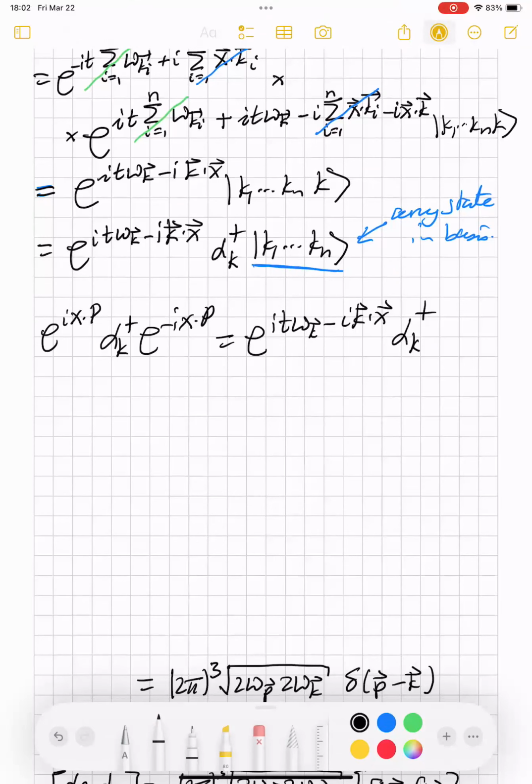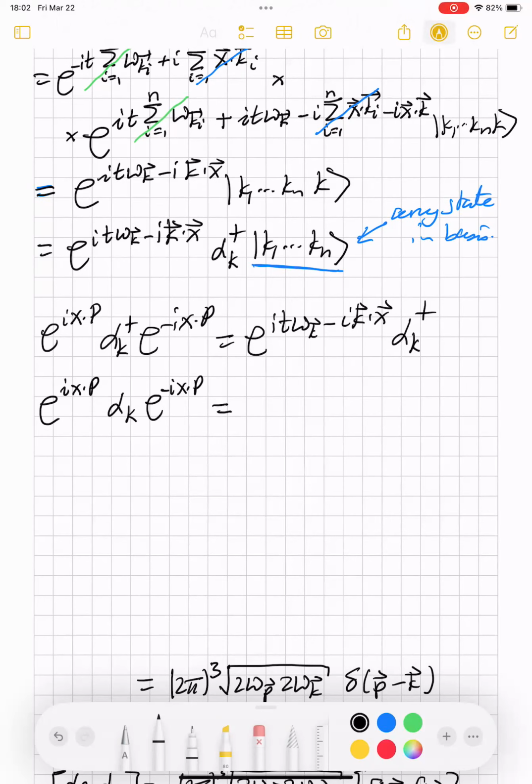If we dagger this equation, the operator that's last must come first, so it'll be an e to the minus i, which complex conjugates to an i, x dot p. Then we'll get alpha k dagger, which daggers to alpha k. And then the operator that's first, e to the i x dot p, daggers to e to the minus i x dot p.